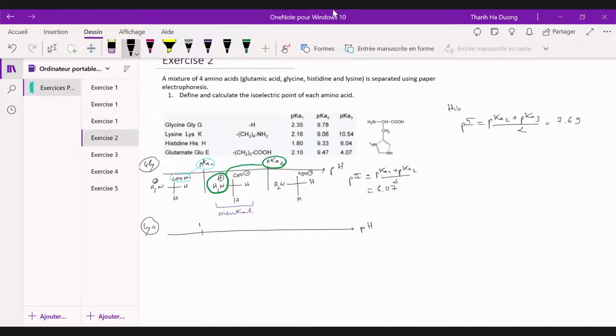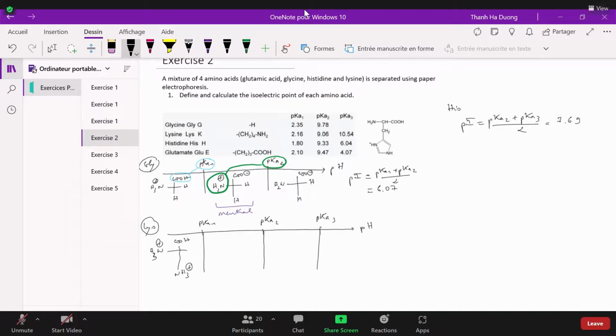So pKa1, pKa2, and pKa3. Okay? I can draw the amino acid formula. At the beginning, at low pH, all the functions are protonated. So the amine groups are protonated, the carboxylic group is neutral.